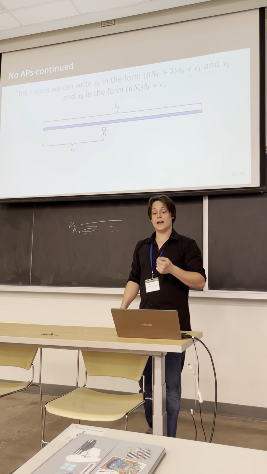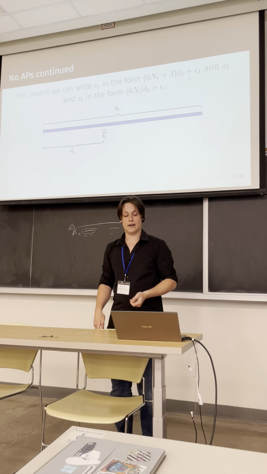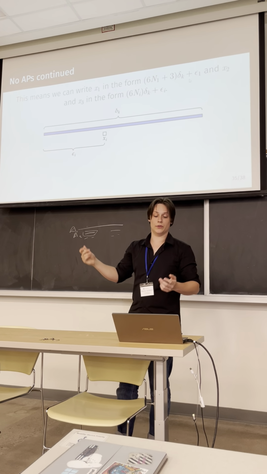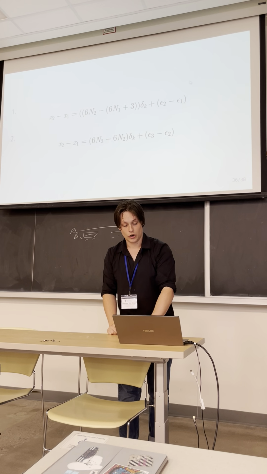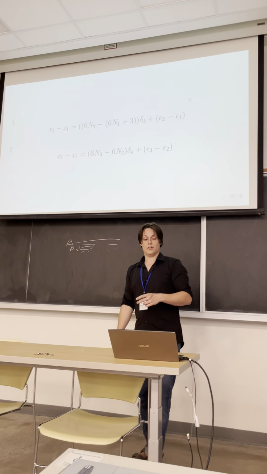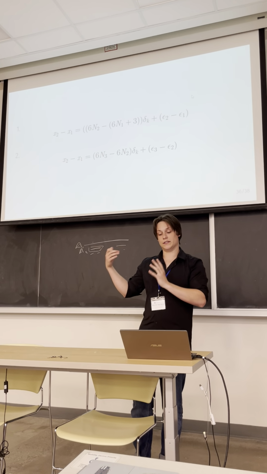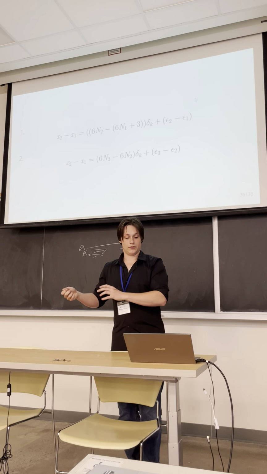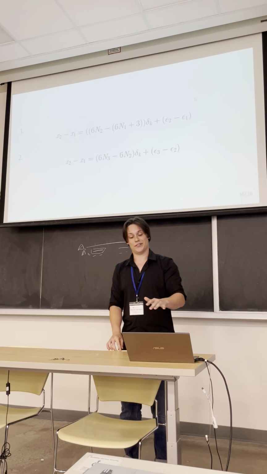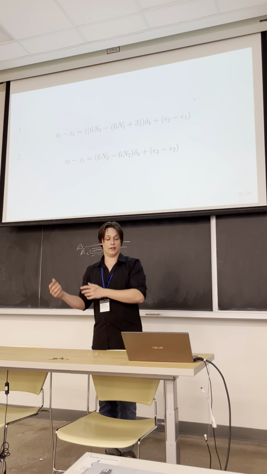And so therefore, x2 and x3 can be written in the form 6 times n_i times delta k plus epsilon_i. Epsilon_i is just how far into their subinterval they are. So that means x2 minus x1 is written in this form. They're the parts that are multiplied by delta k plus their epsilons. And the bottom one is supposed to be x3 minus x2, that's a typo, but it is the n parts times delta k plus the epsilons.